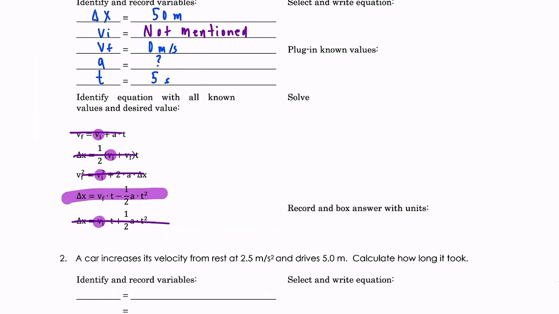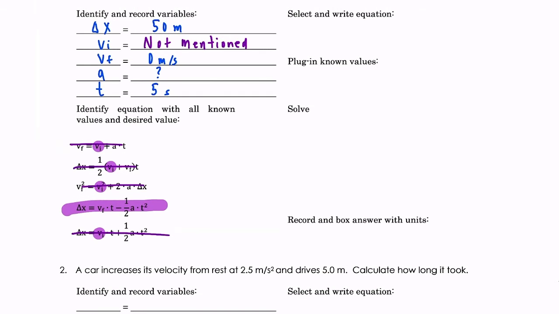Now that we have it selected, we're going to write it down. I think it's really helpful to put parentheses around the products so that you don't accidentally combine terms before you're supposed to.